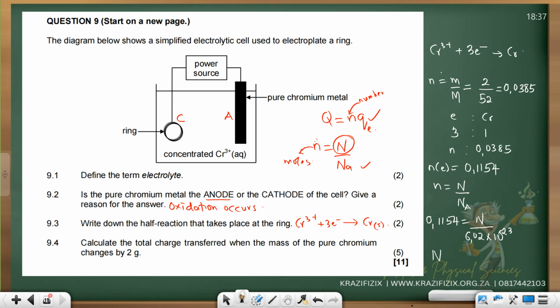What's your answer? 6.9531 times 10 to the power 22. Good. That's the number of electrons transferred.